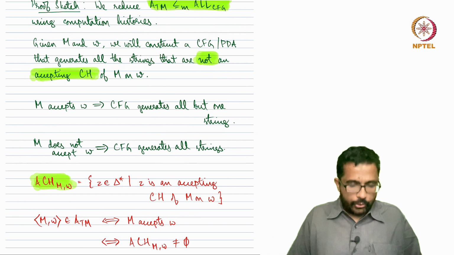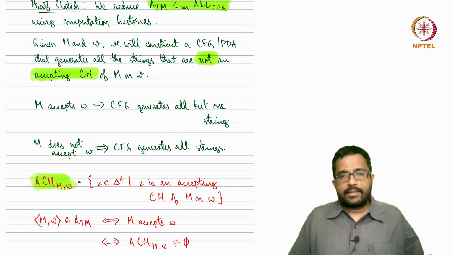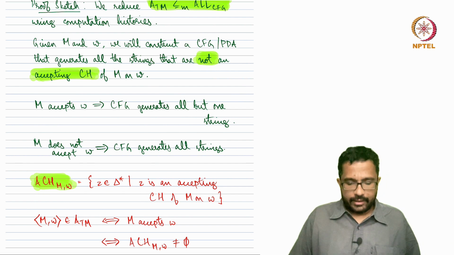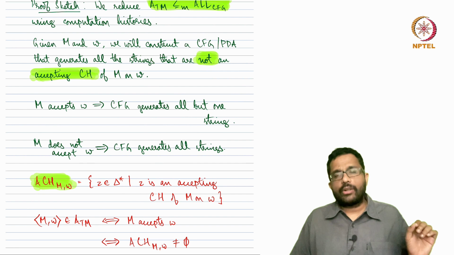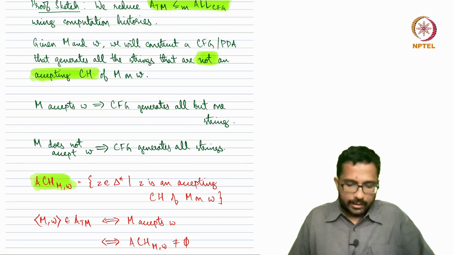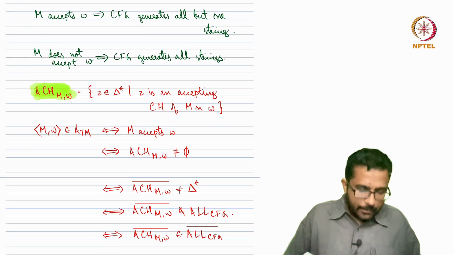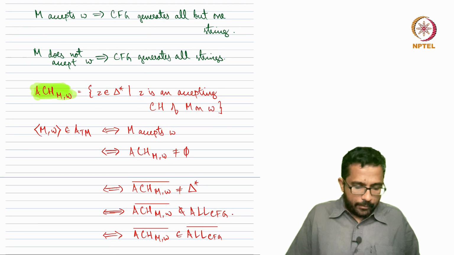So any string formed out of delta which is an accepting computation history. So ACH contains all the strings that are an accepting computation history of M on W.